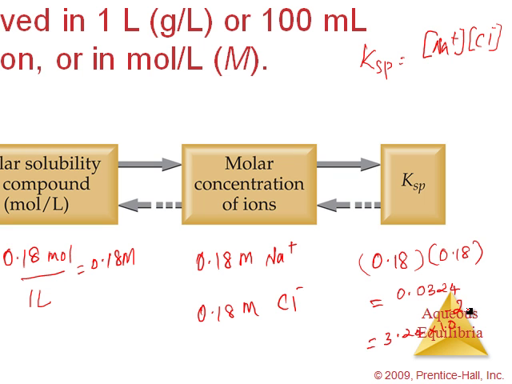Now, just out of curiosity, I want to know what the actual Ksp of NaCl is. Do we have a table with Ksps? We should have somewhere. Come on, it's not in the book? I don't believe it.